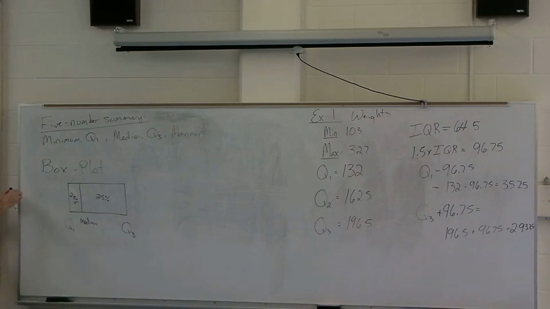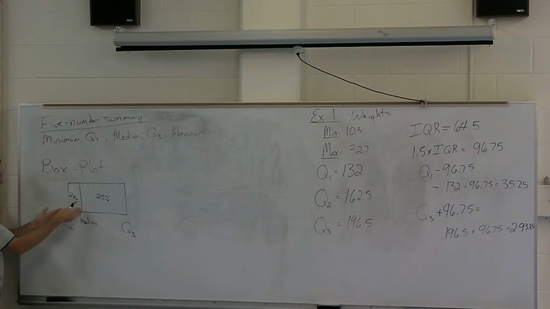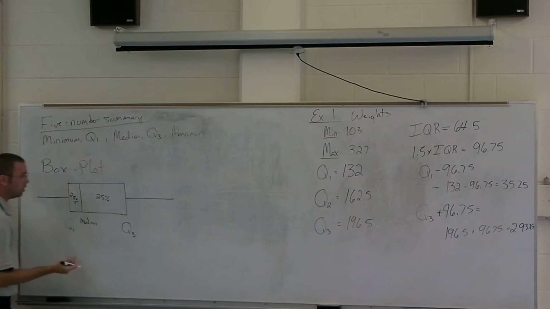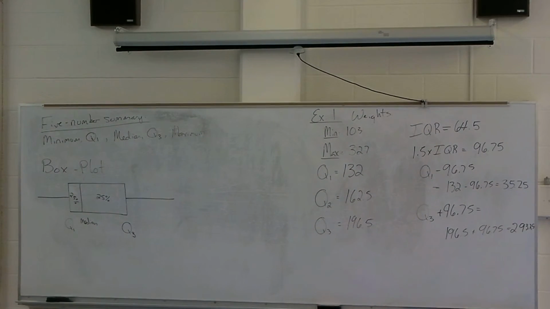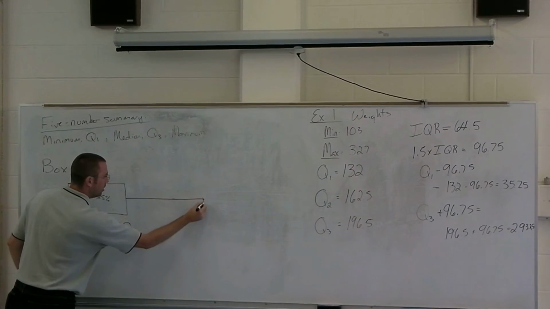When we go to translate this picture into a different picture, we're going to utilize the fact that 25% is here and 25% is here. Okay. Once we have our median found, we then fill in the last parts of our plot, and that means using what are often referred to as whiskers, coming out of our box. These lines go out until they reach our minimum value on the low side and our maximum value on the high side.